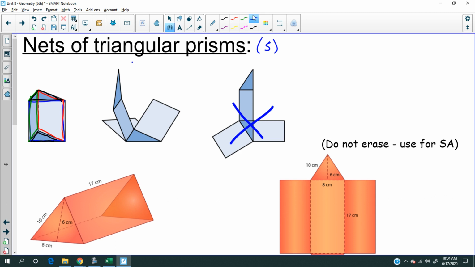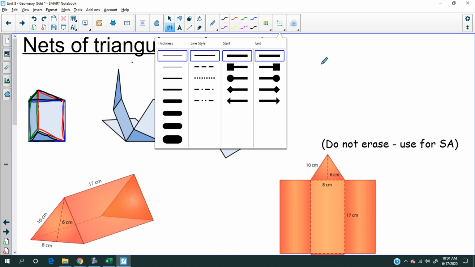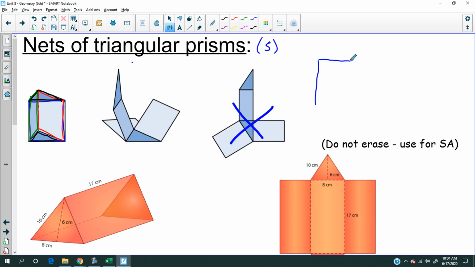All right, now I'm gonna start with the three rectangles. I'm gonna start with the one in the front, so I'll use blue. Like this.